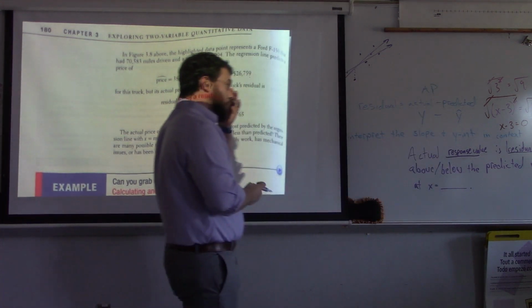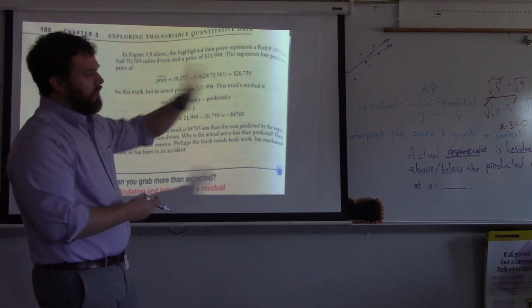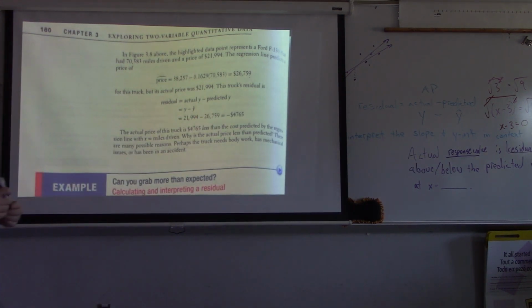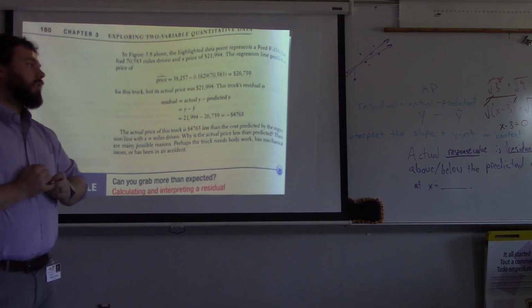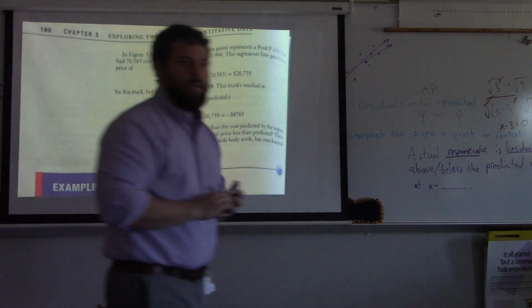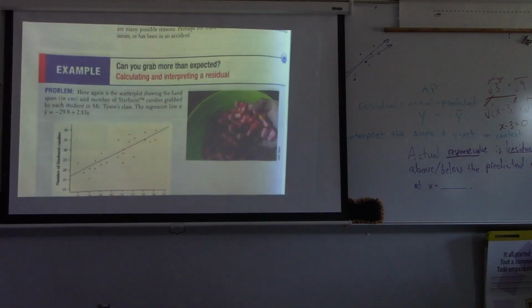So the actual, whatever that response value is, whatever the absolute value of the residual, right? So it's just a positive value, either above or below, more or less than what was predicted at that x value. Yes, Austin? Sure. Okay. That is a regular thing that shows up on AP exams, will probably be on the test.